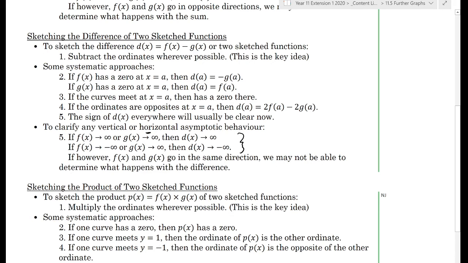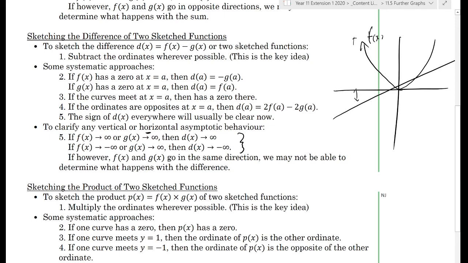Because if you're subtracting from really, really big numbers, so here's my f of x again, very big positive numbers minus small negative numbers is a really big answer.